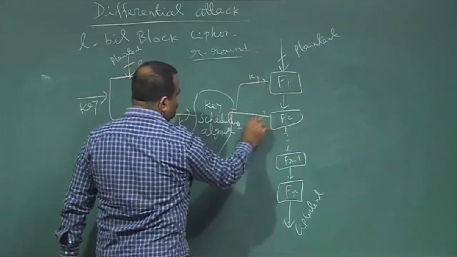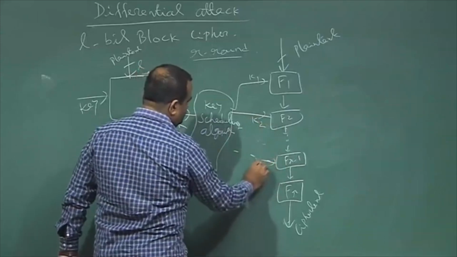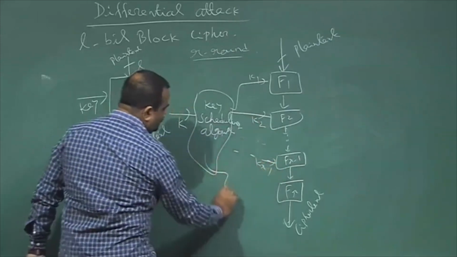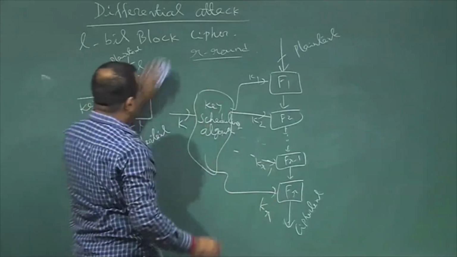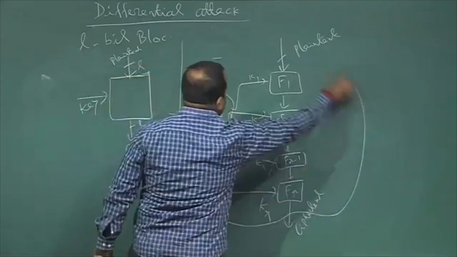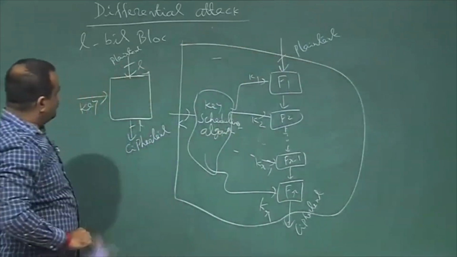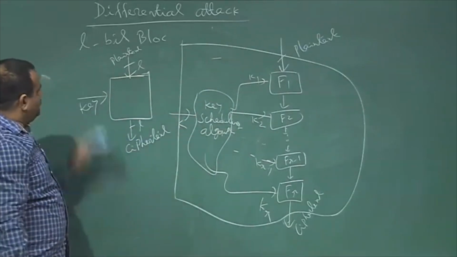For each round we need a round key, up to KR minus 1, and for the last round KR. So this is basically a typical R-round block cipher, where plain text and ciphertext are L bit.